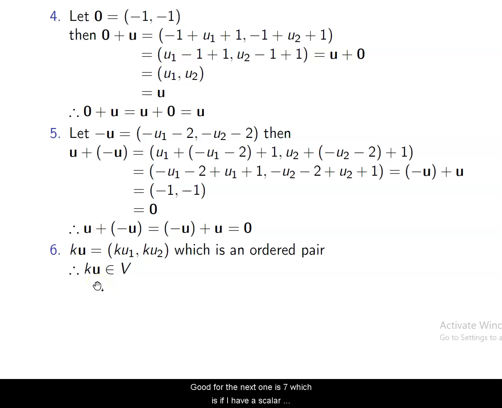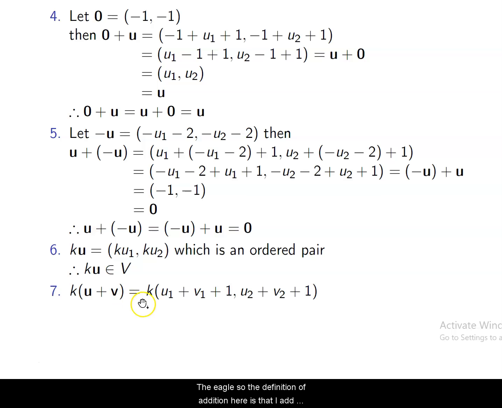So that's good. So the next one is 7, which is if I have a scalar times two vectors that are being added together, right? So what I need is that this thing distributes across and it comes out to be equal. So the definition of addition here is that I add these two things. So the first component's +1, the second component's +1.